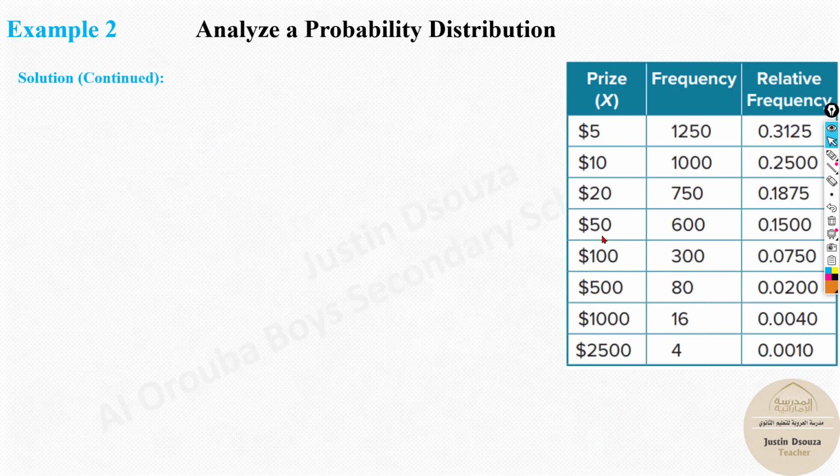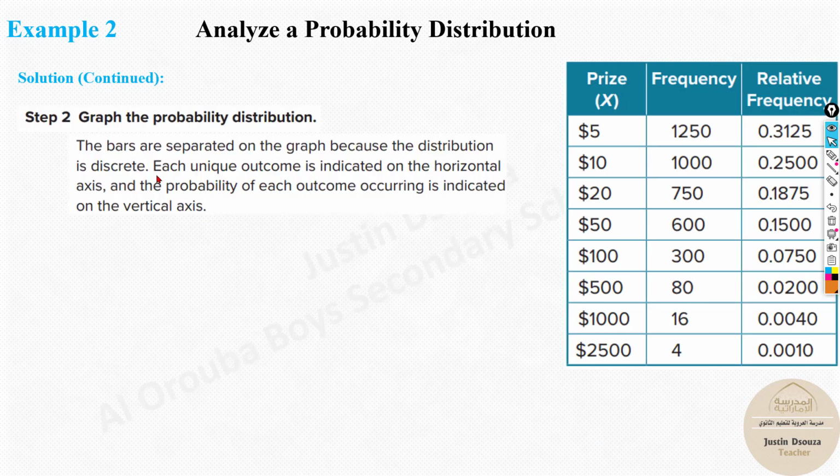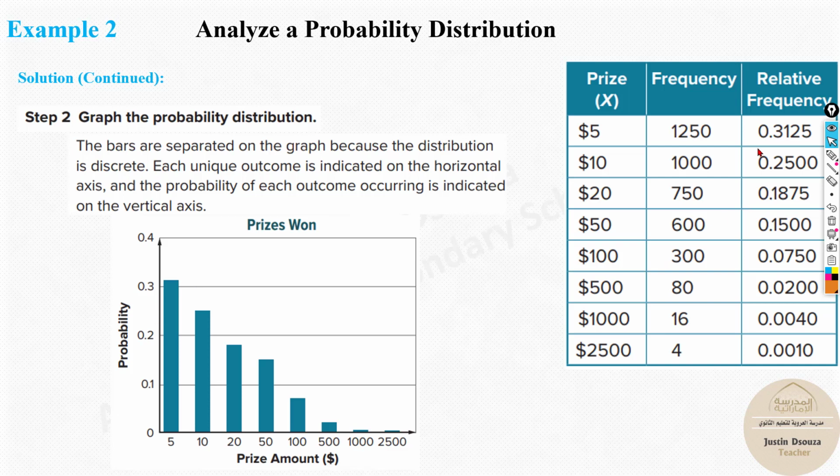Now this is what you need to graph. Basically, you graph this as a bar graph. Look here, 0.3, 0.25. So these winning prizes need to be marked accordingly on the x-axis: 5, 10, 20, 50. That's what they have done. And what is the probability of winning 5? It is 0.31.